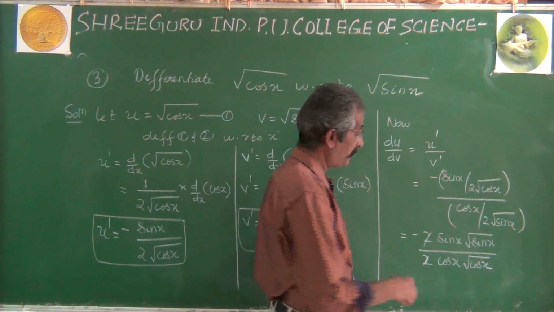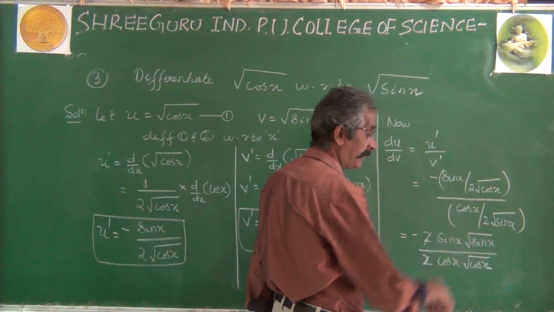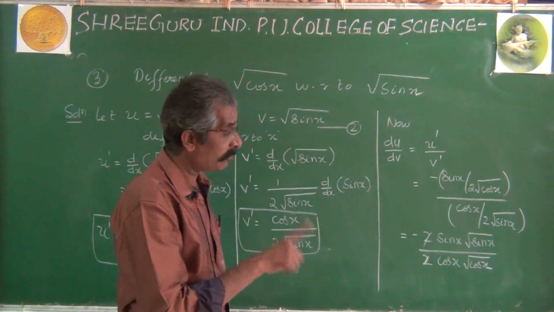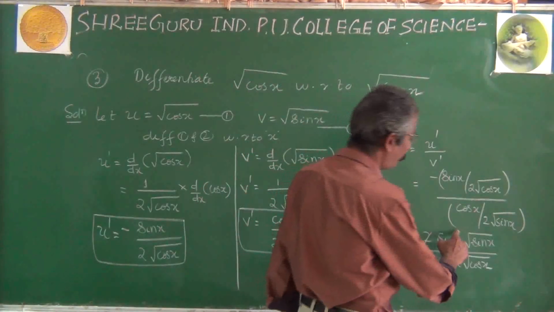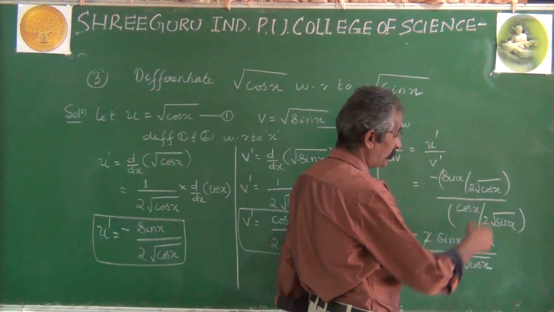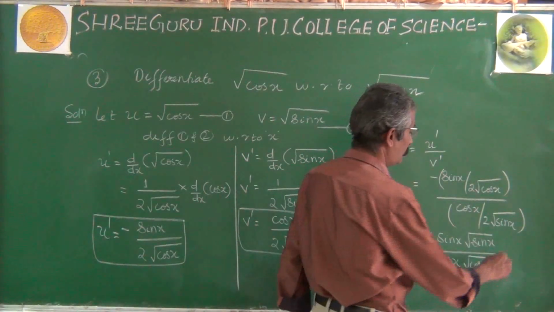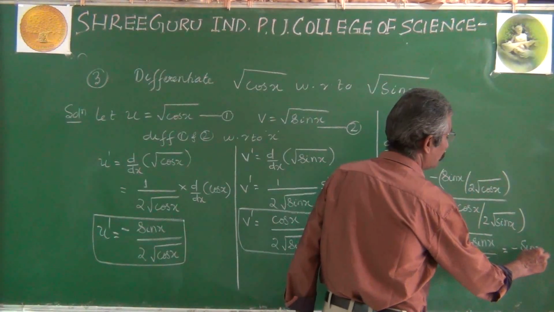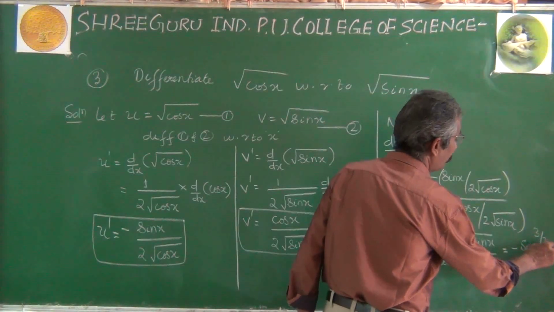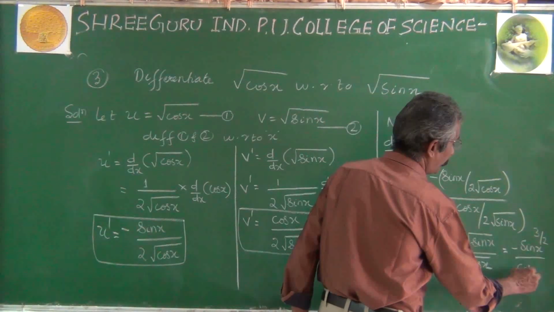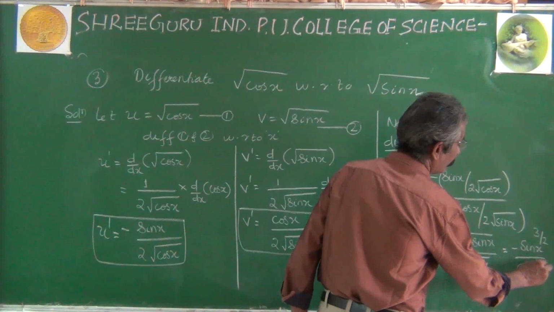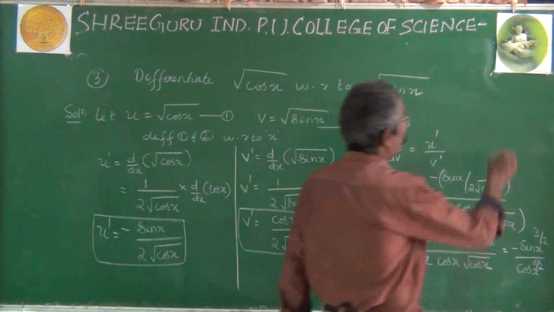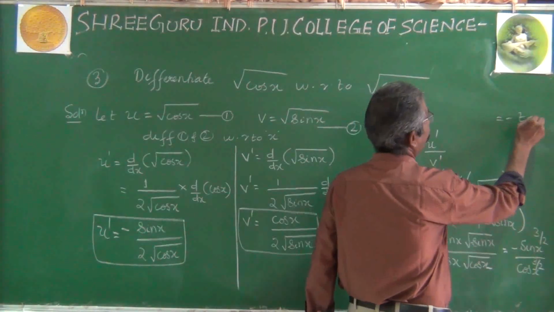It can be written separately as tan x into root tan x, or overall can be written as tan x to the power of 3 by 2, because here power 1, power half, total power becomes 3 by 2. So now it can be written as minus of sin x power 3 by 2 divided by cos x power 3 by 2, and that is lastly equal to minus of tan x power 3 by 2.